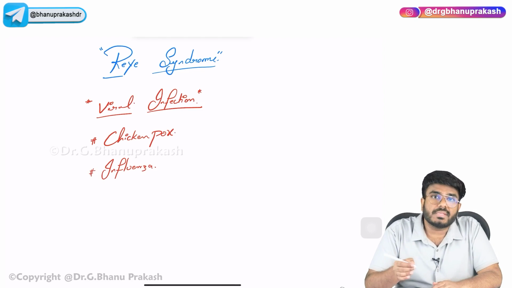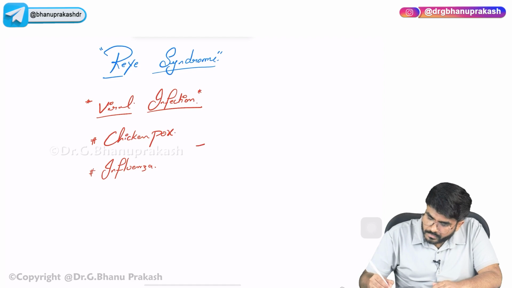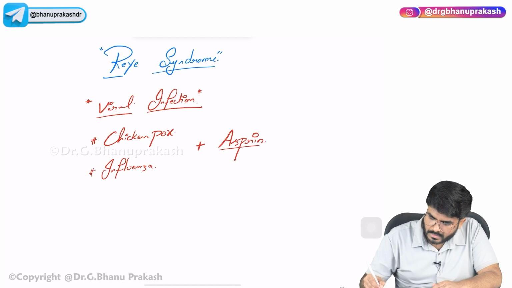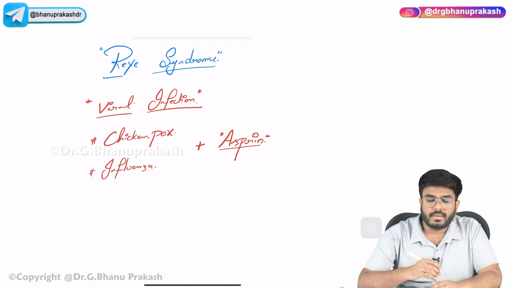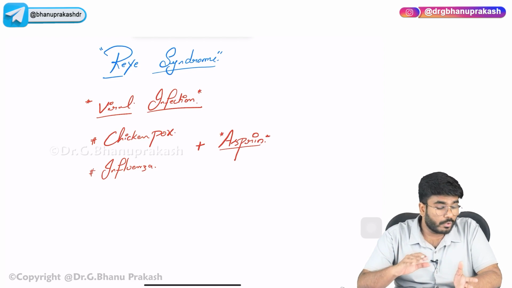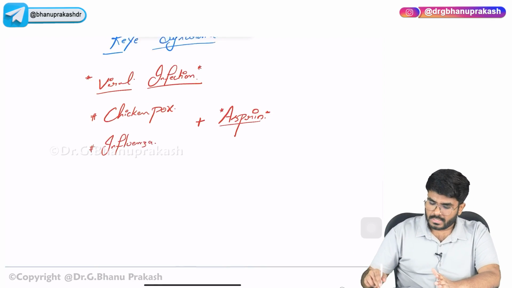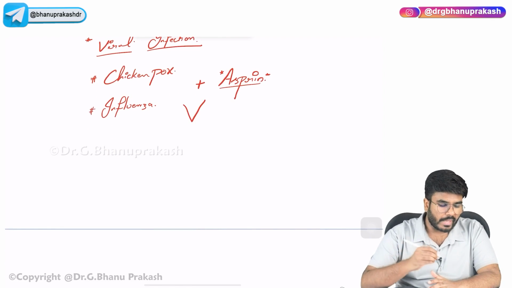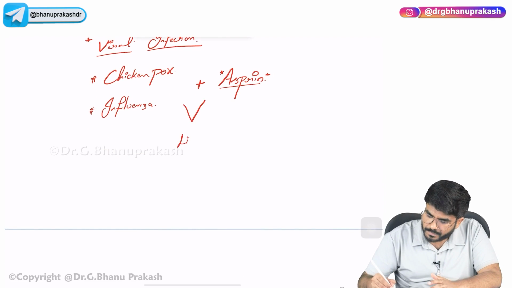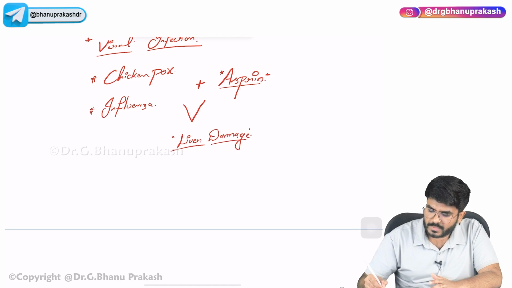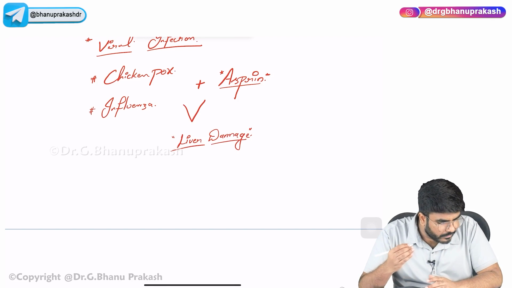Now in these babies, when you give aspirin, this aspirin in combination with the viral infection, we don't know the exact reason what is happening, but with aspirin or any salicylate drug, the patient is going to have immediate liver damage. This child especially is going to have liver damage.